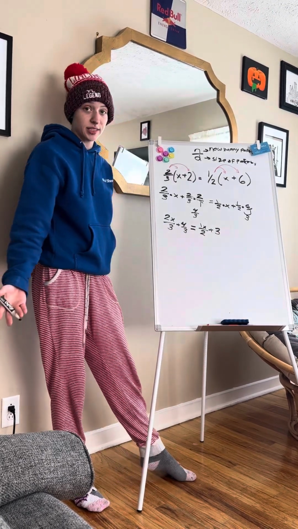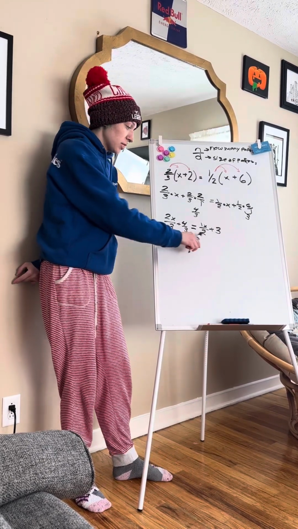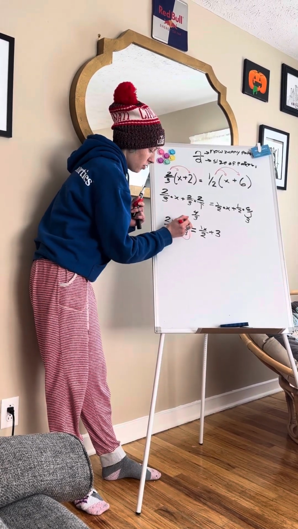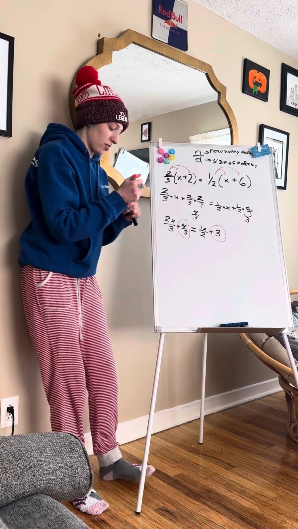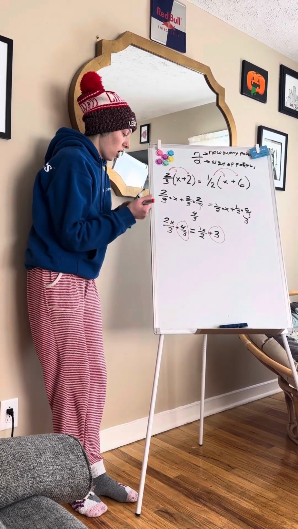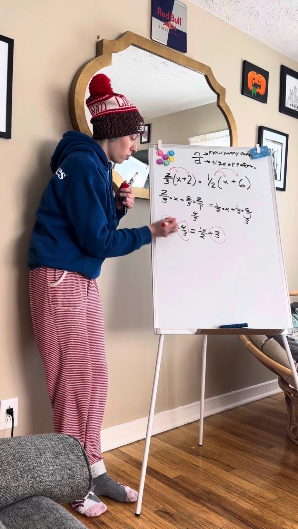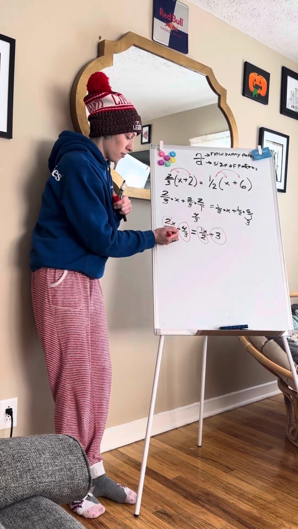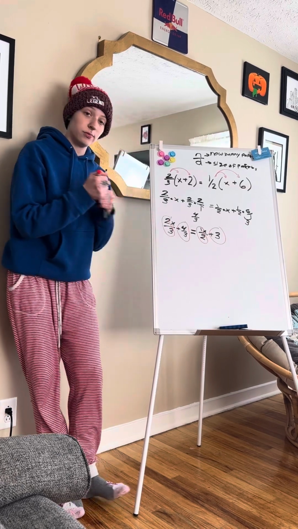So now we have constants in our equation. These would be considered our constants because they're not being multiplied by anything. They don't have any coefficients next to them. While our 2/3 would be considered the coefficient to the variable of x. And we are still trying to solve for x.